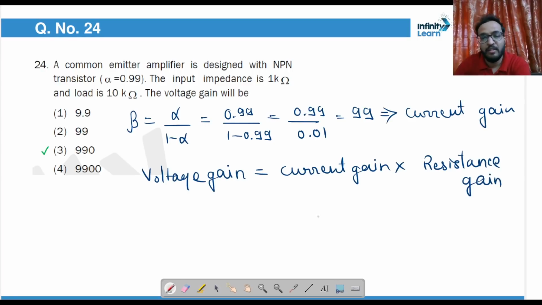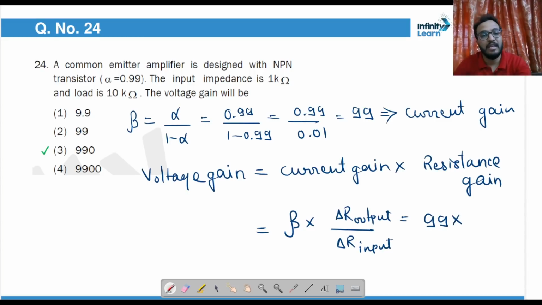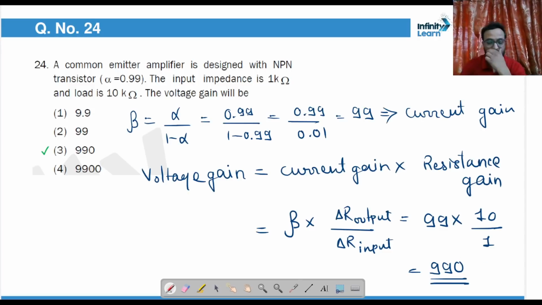So your answer will be beta into delta R output upon delta R input. So it will be 99 into 10 upon 1. So the answer is 990. Sorry, 990 is the voltage gain.